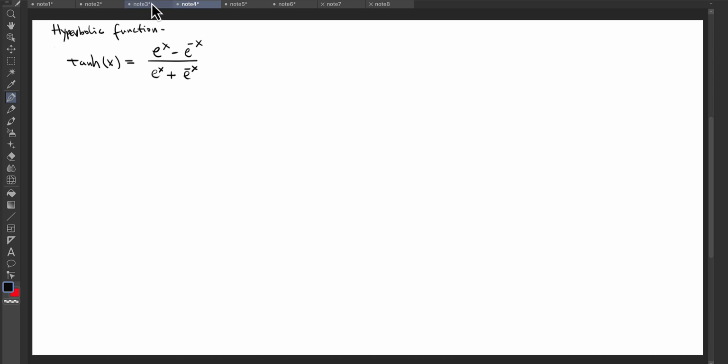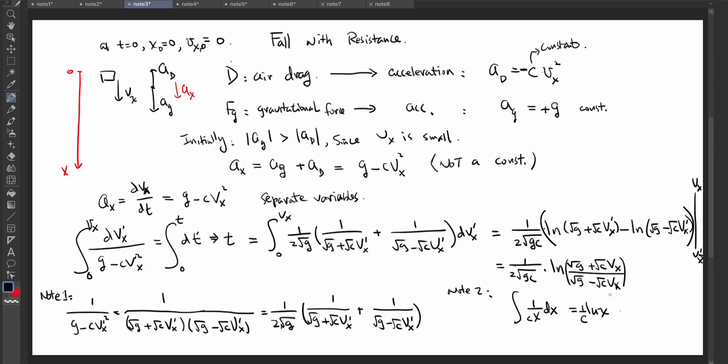So let's compare it to our case here. In order to get that form, we need to multiply this factor to the left side, t, and also get rid of the natural log by turning it into an exponential. So let me explain here.